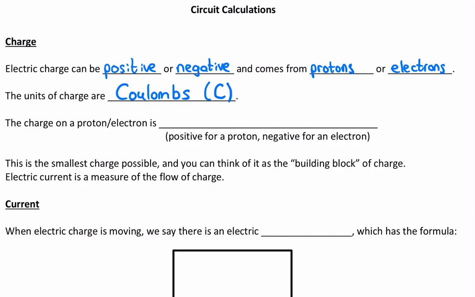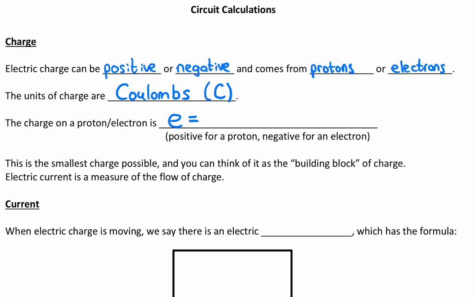So to do that, we're going to need to know the charge on one proton or one electron. And this is a number that we're going to use very often. So it has its own letter that we use to symbolize it. And that letter is E. So E stands for the charge on a single electron or a single proton.